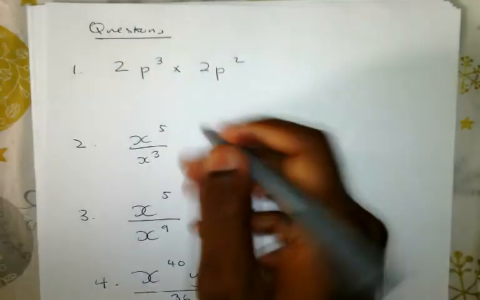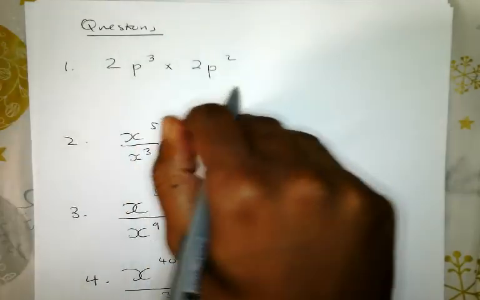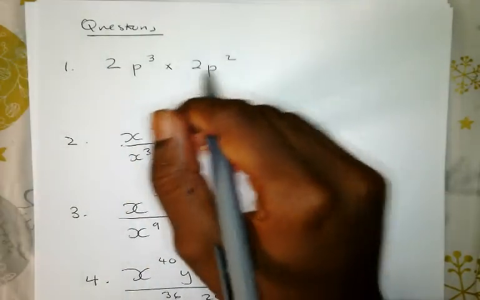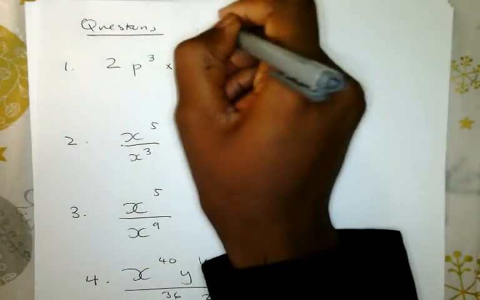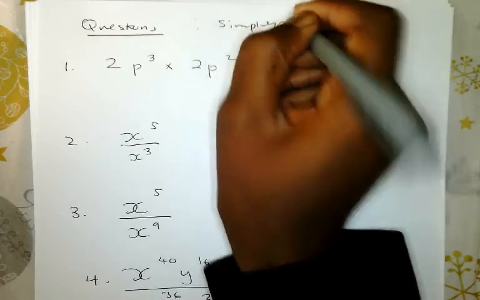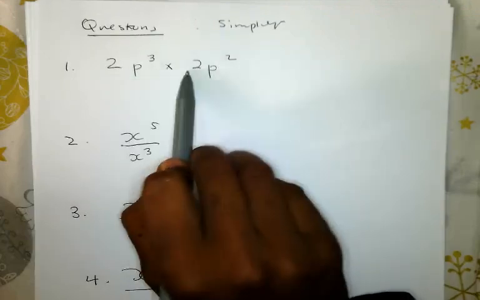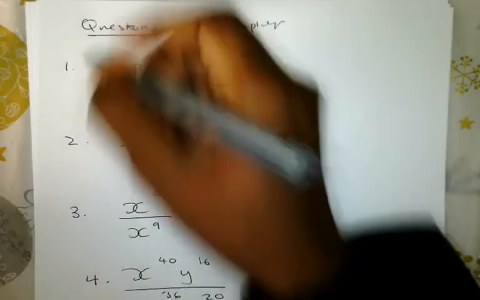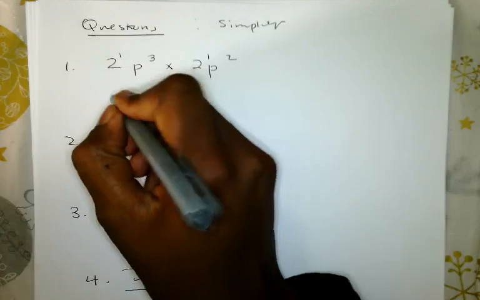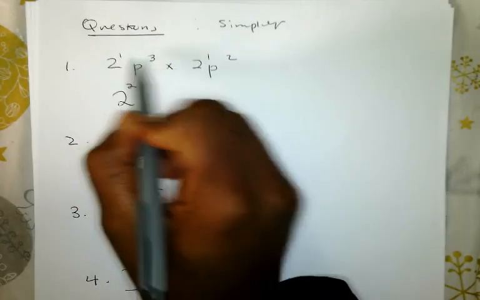So this one, the question says simplify. The question will say simplify. So the first thing, what are we going to do? We're going to check, are these bases the same? Yes. Then we look at the exponents. So this will be 2 squared. Remember, law 1 says when multiplying powers of the same base, we add.